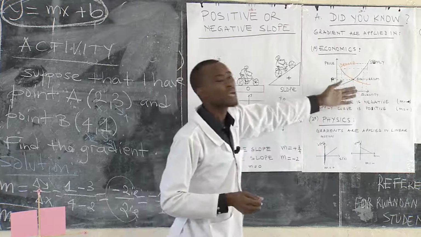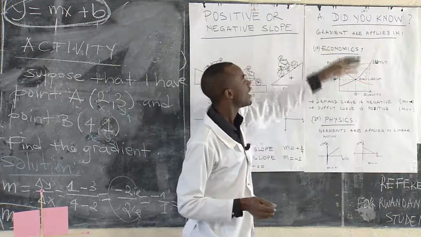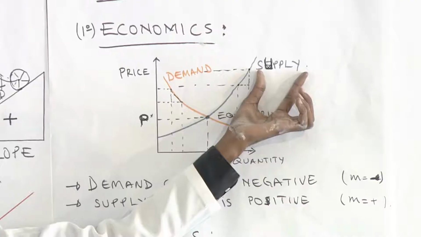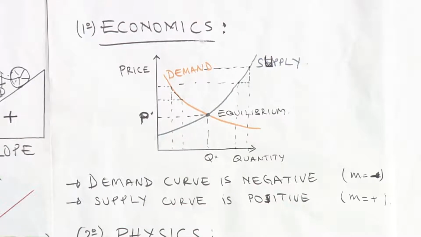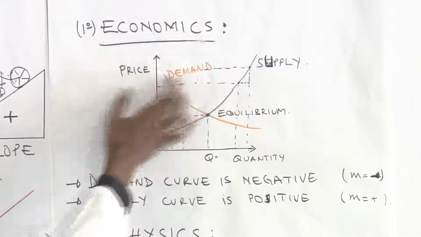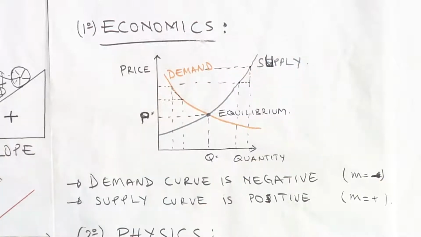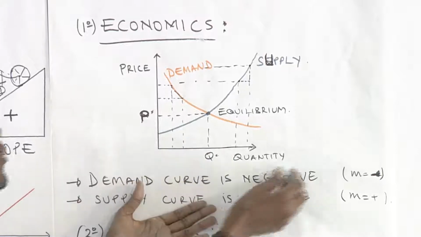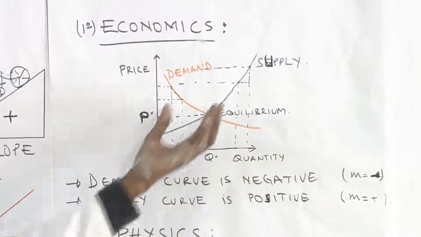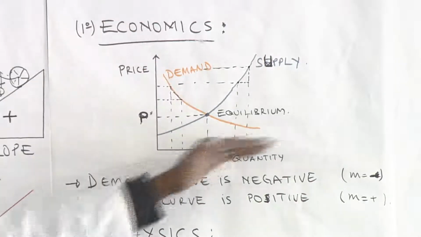When you want to look at the relationship between the demand and the supply, you need to look at this gradient. Whenever the producers need a quantity to be given to the people, and also whenever the quantity of the things people want to buy, which are the demands, we need to look at these two graphs.